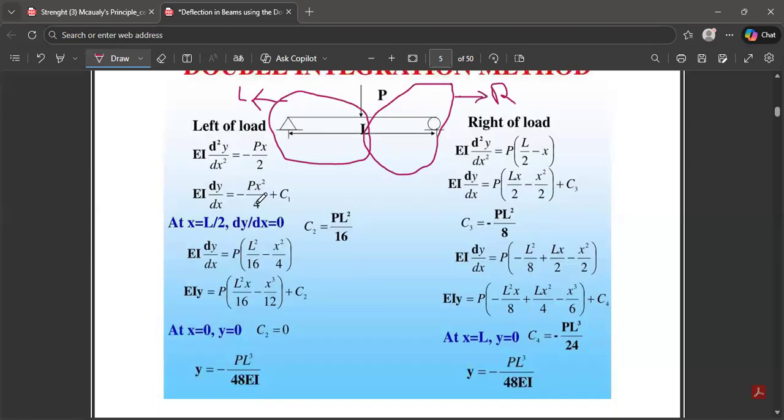Exactly. So as we discussed, you can see that this is our slope equation over here, and also what is our deflection equation? This is obviously going to be our deflection equation for the left hand side, and that is how this formula came about.